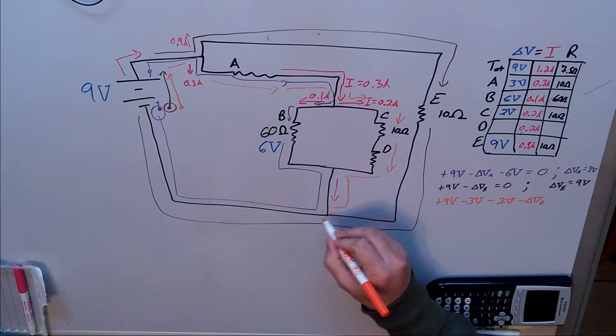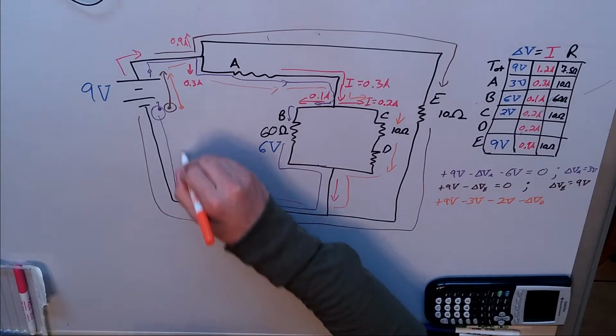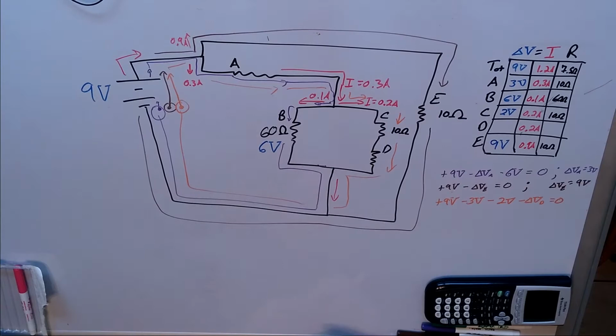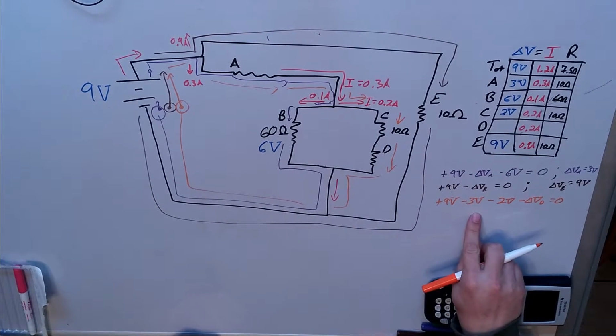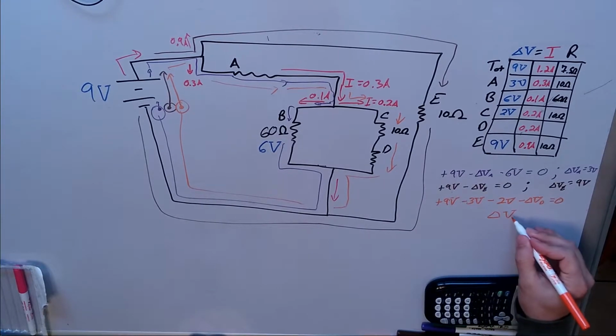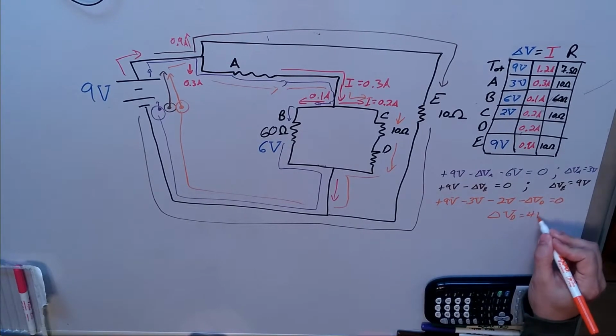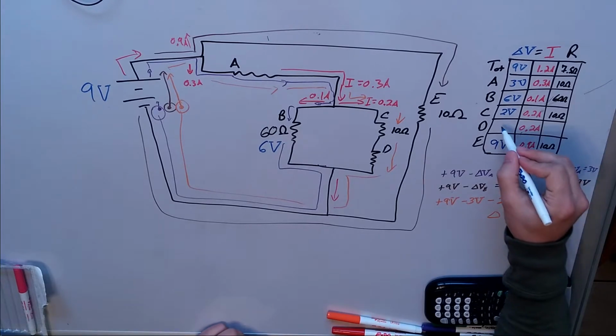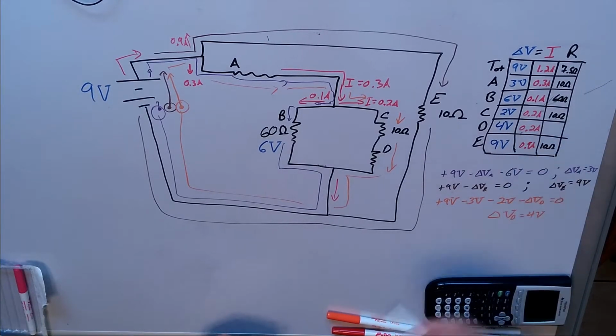Then we come back over here, and we end up back where we started. So by Kirchhoff's loop rule, this must come up to 0. 9 minus 3, that's 6, minus 2, 4. So we end up with delta VD equals 4 volts. By loop rule, our potential difference across resistor D needs to be 4 volts.